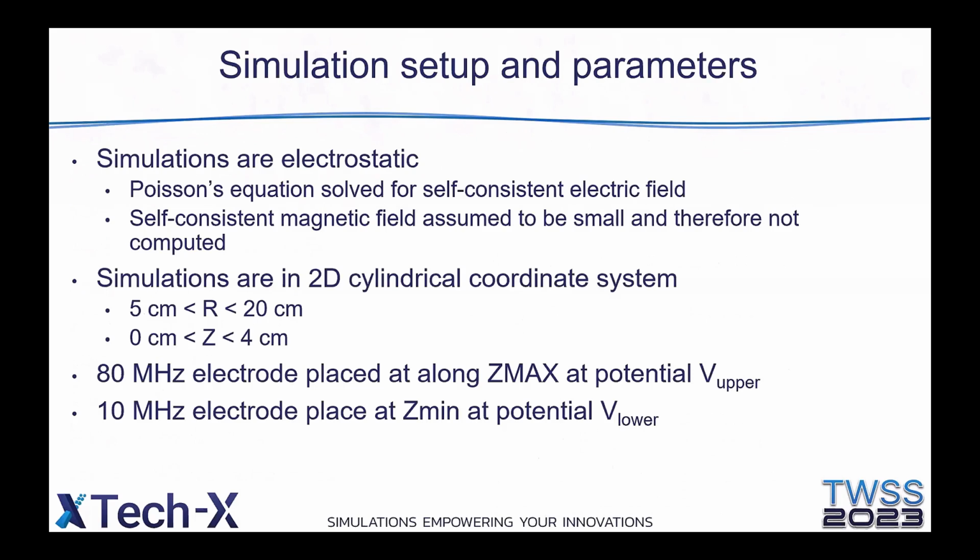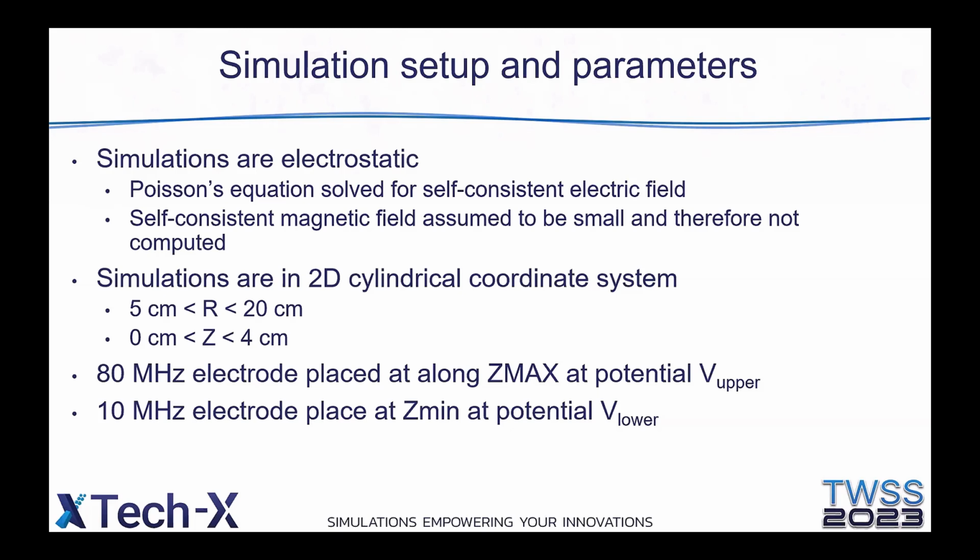Okay, just a bit of details on the VSim simulations. I've run these using our electrostatic solve, so we only solve for the self-consistent electric field. I'll be modeling a wafer, so we'll be looking at ions impacting the wafer and just the distributions onto the wafer.